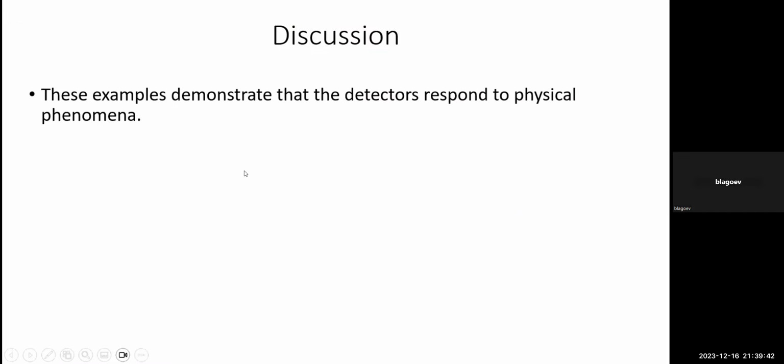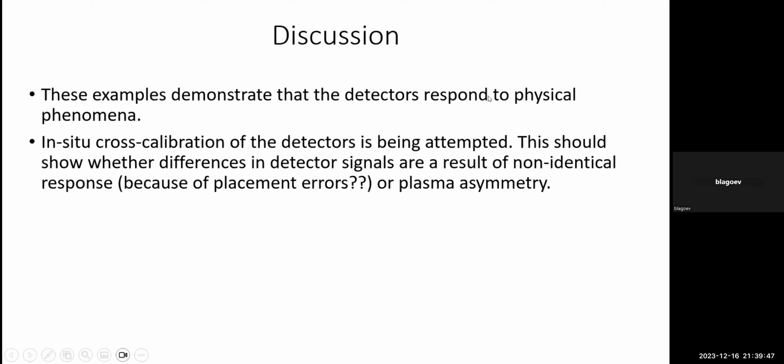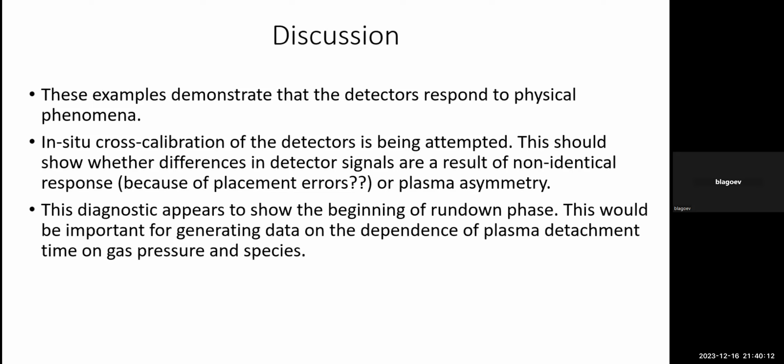Discussion. This example demonstrates that the detectors respond to physical phenomena. In situ cross-calibration of the detector is being attempted. This will show whether differences in detector signal are a result of non-physical response, probably displacement error, or plasma asymmetry.